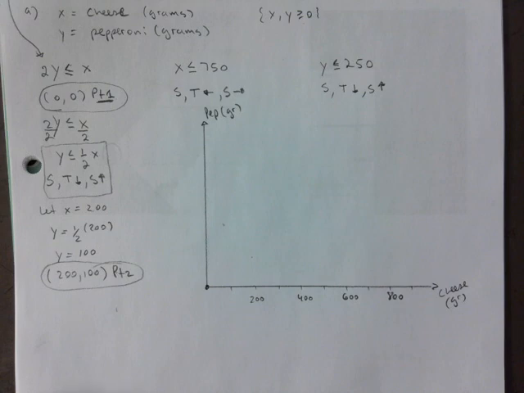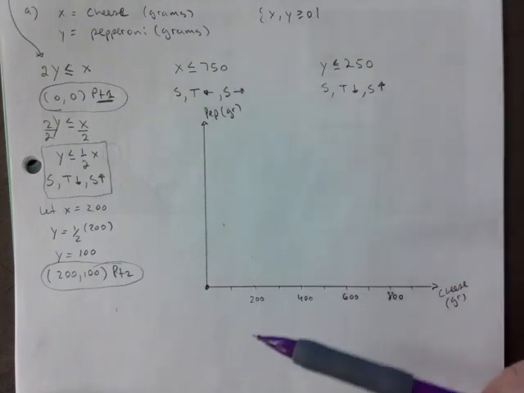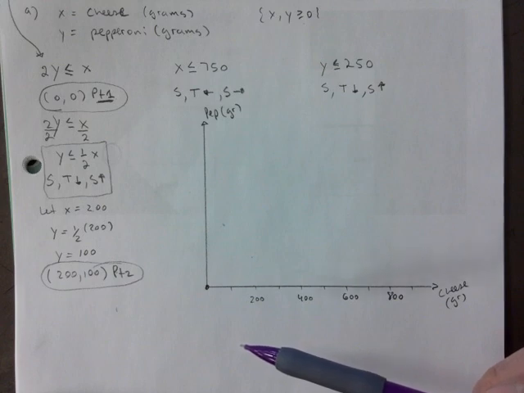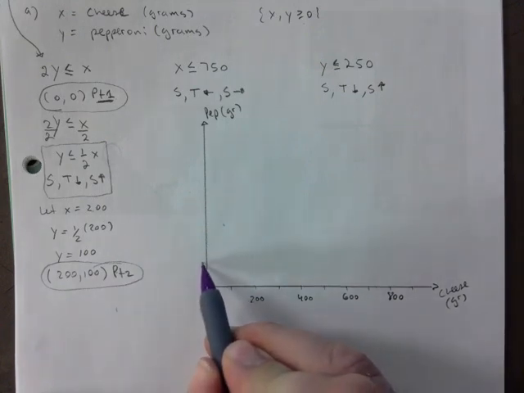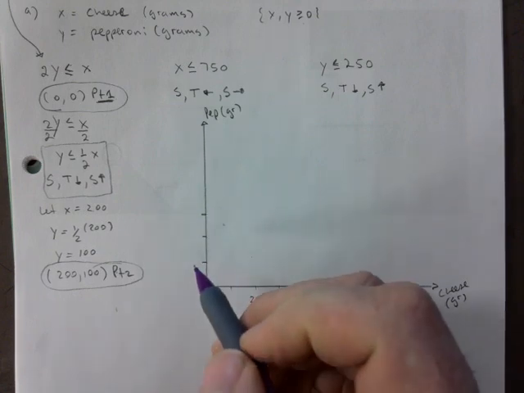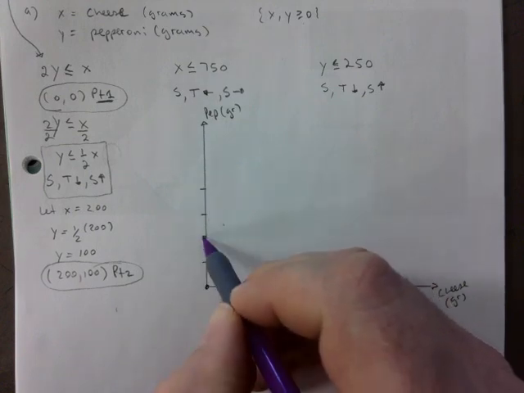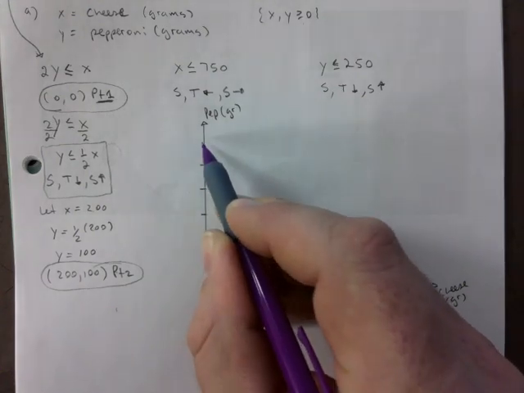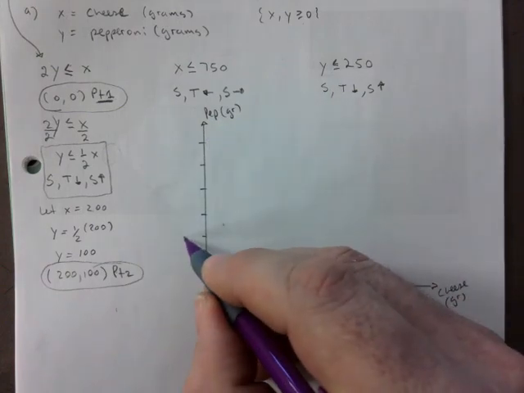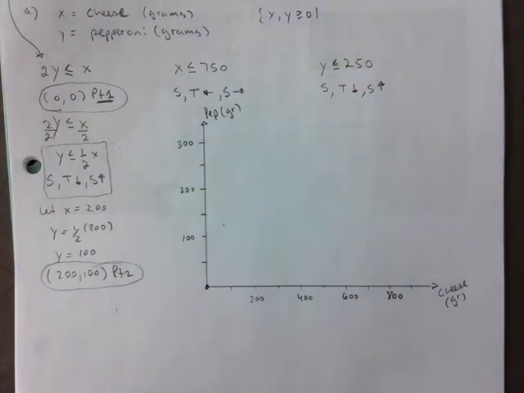My x-axis is going to go higher, right? Because I need to account for the 750 there. My y has a different scale.